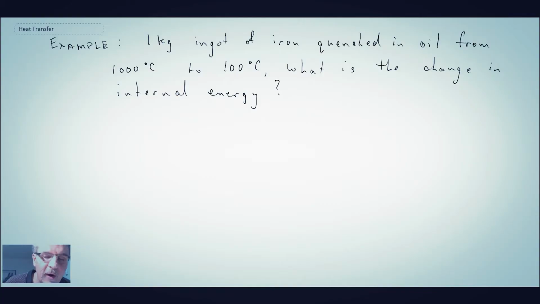So there we have our problem statement. You look at any thermodynamics book under closed systems, fixed mass, and guaranteed you'll find questions that look like this. So in order to solve this, we want to find the change in internal energy for an iron ingot that is quenched in oil and is going from 1,000 degrees C down to 100 degrees C. So if you're doing thermo, you would go and find the specific heat.